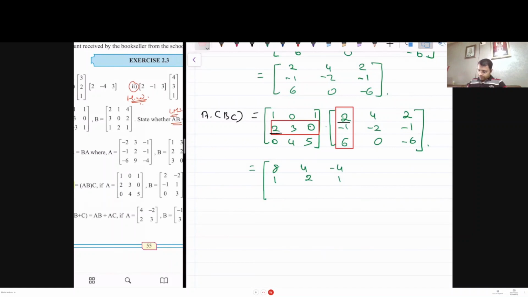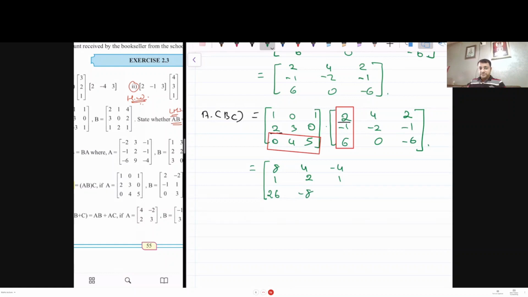Now we will repeat the procedure for the last row and all the three columns carefully. 0 into 2, 0, 4 into minus 1, that is minus 4, 6 into 5, that is 30. So minus 4 plus 30, that should be equal to 26. Next, 0 into 4, 0, 4 into minus 2, that is minus 8 and the last is 0.